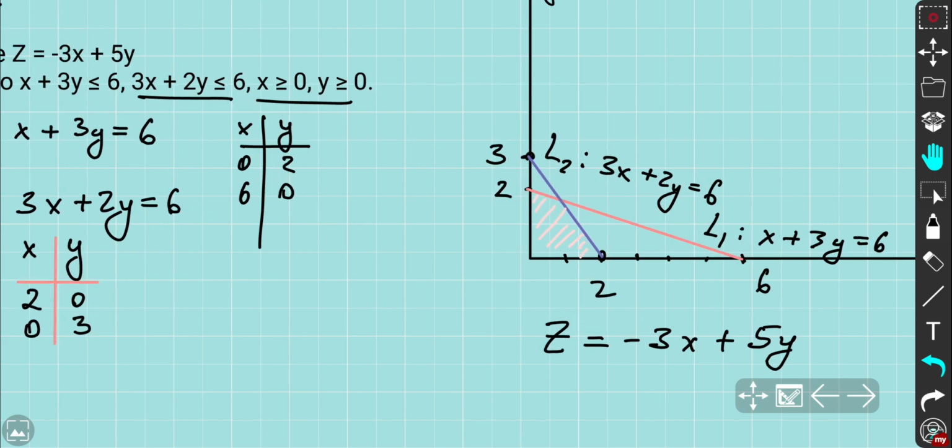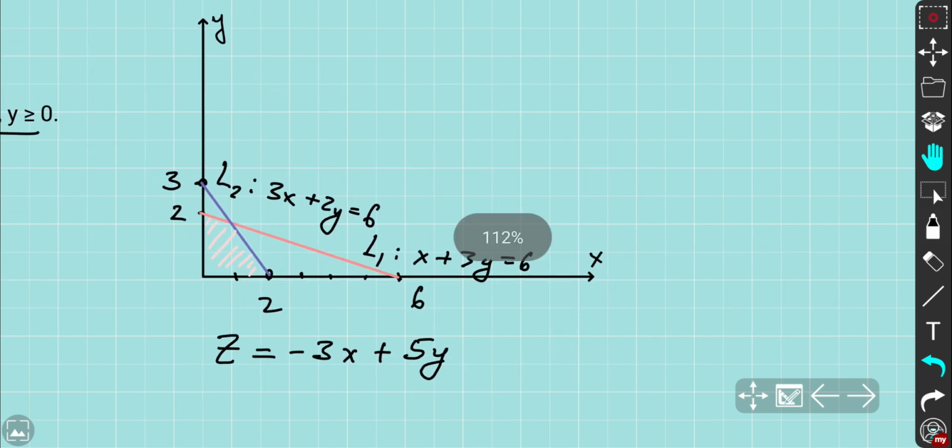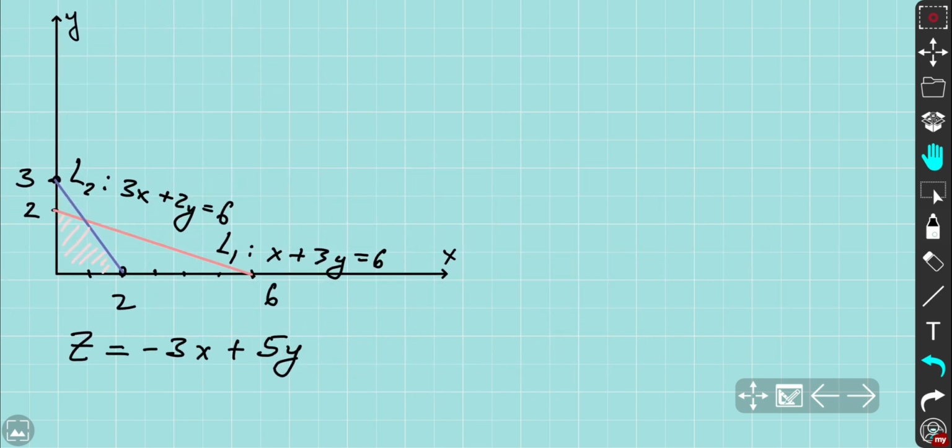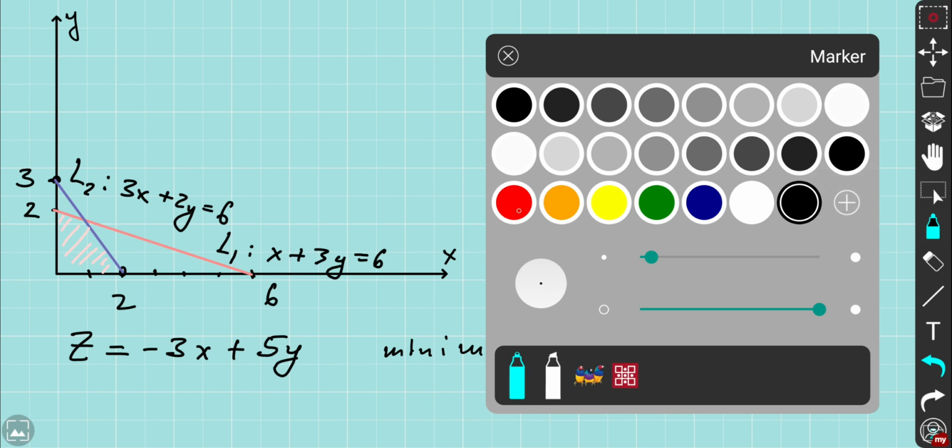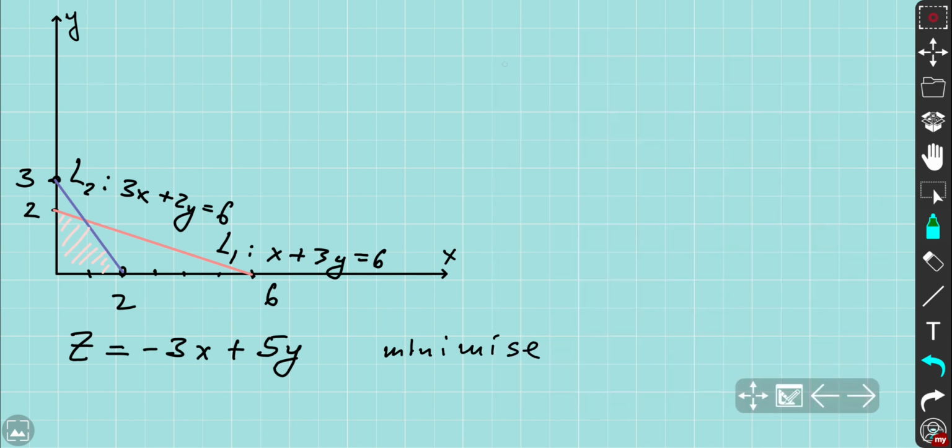What we need to do is minimize that, our objective function z. We have a bounded region, so no problem. We just mark up the vertices. I'll use green color for vertices. Let's draw them, 1, 2, 3, and 4.